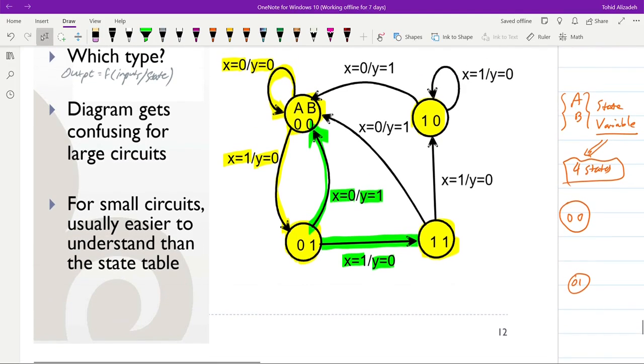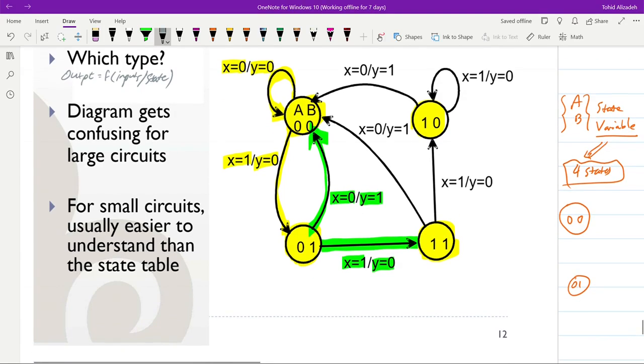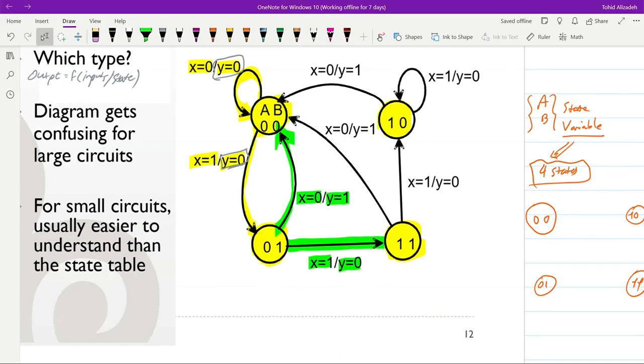But if you pay extra attention here, you can see that for state 00, the output is always equal to 0. So for the state 00, the output depends only on the state, and as a result, we can show it here. I can rewrite it in the form of 00 slash 0.